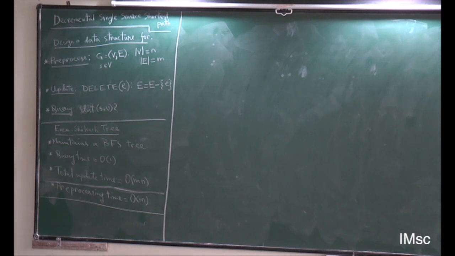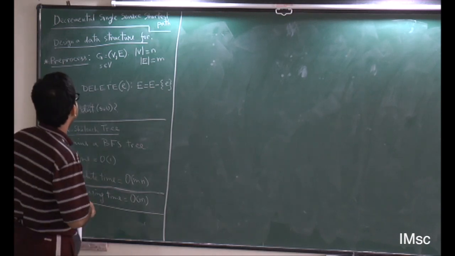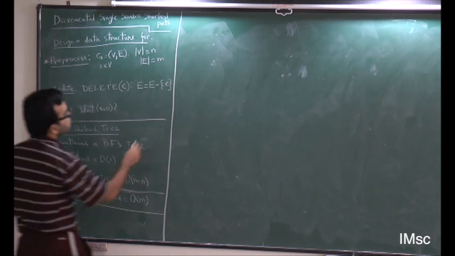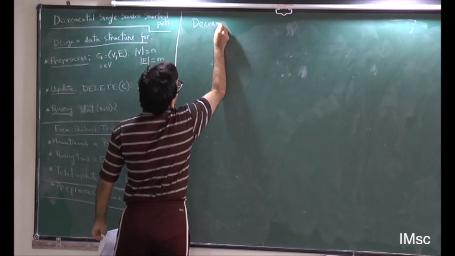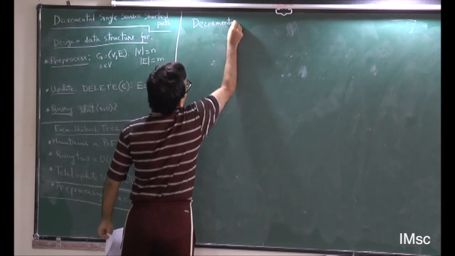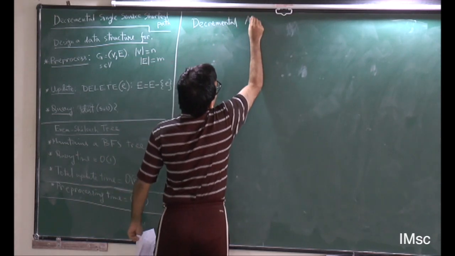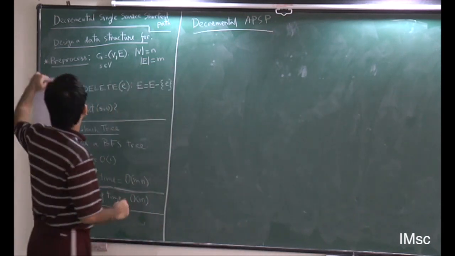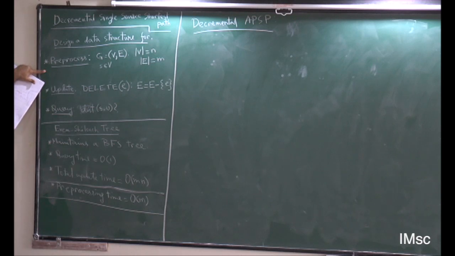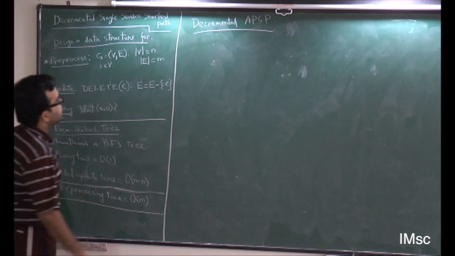So, now this class we will consider a more general problem, decremental all pairs shortest path. So, the name suggests itself what the problem is to do. The pre-processing step remains the same, the update step remains the same, only the query changes.